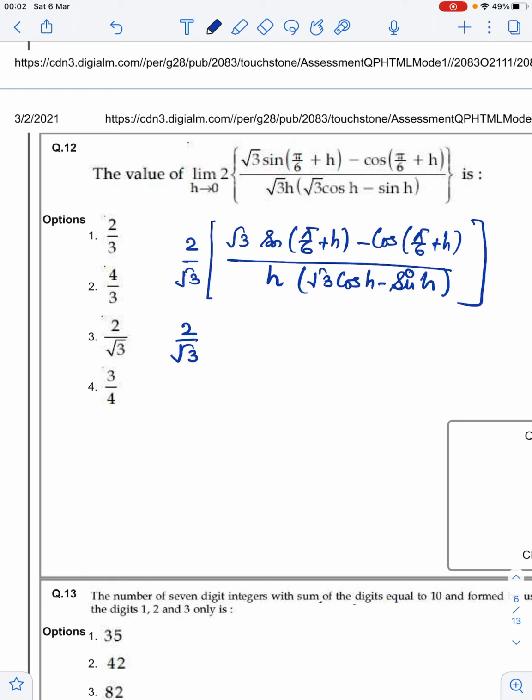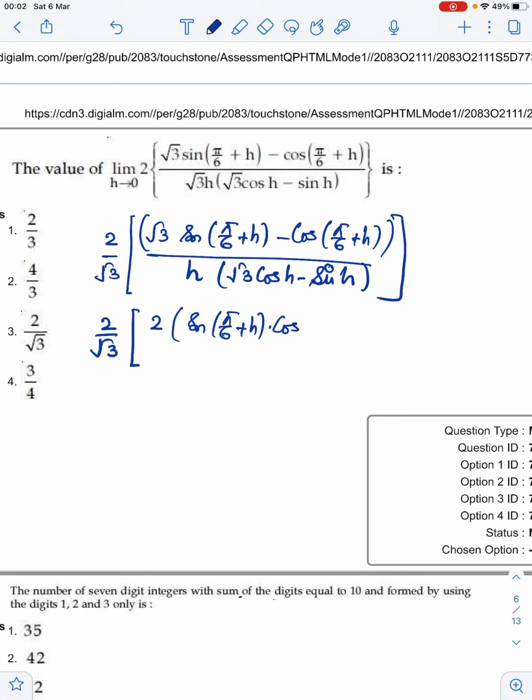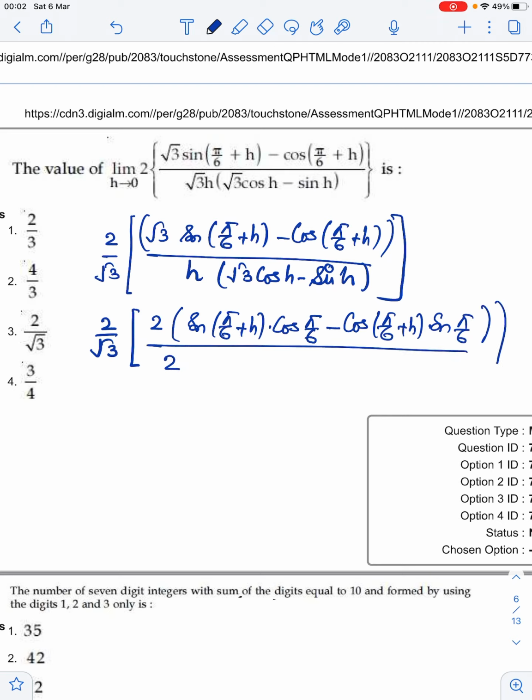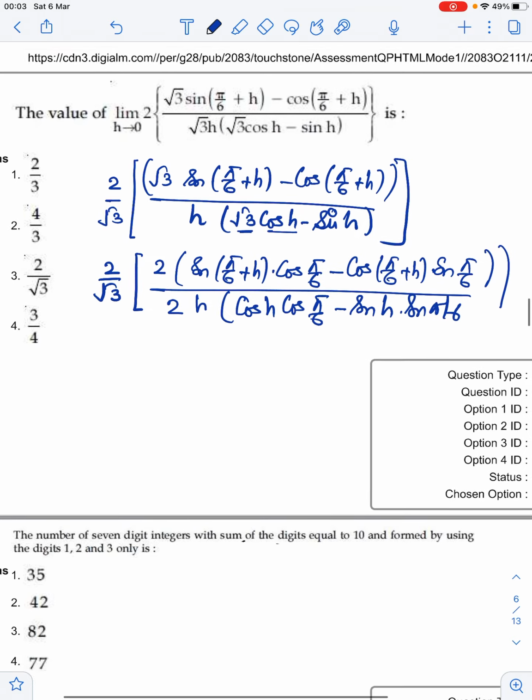Now in the numerator and denominator both, a multiplication of 2 is required, so that this becomes sin(pi by 6 plus h) into root 3 by 2, which is cos pi by 6, minus cos(pi by 6 plus h) into 1 upon 2, that is sin pi by 6, divided by, in the same way, 2 times h, and 1 upon 2 inside, this becomes cos h cos pi by 6 minus sin h sin pi by 6.